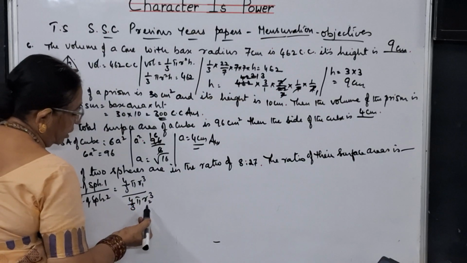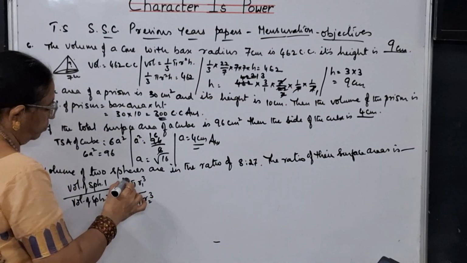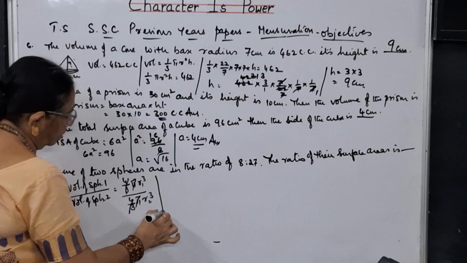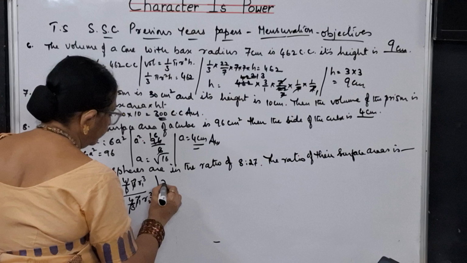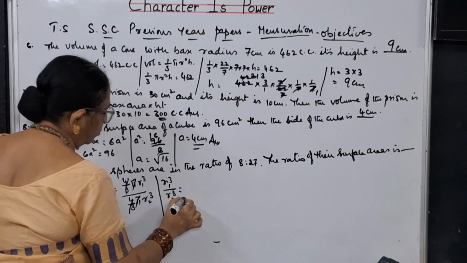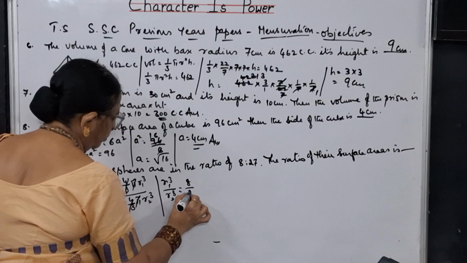So one I have taken r1, one I have taken r2. These two will get cancelled. So what am I getting? r1 cube by r2 cube is equal to 8 by 27.